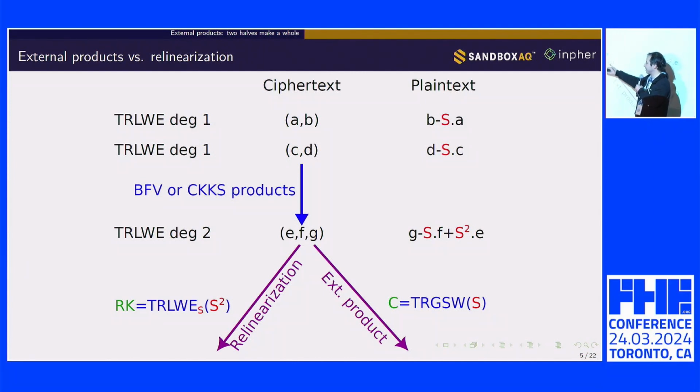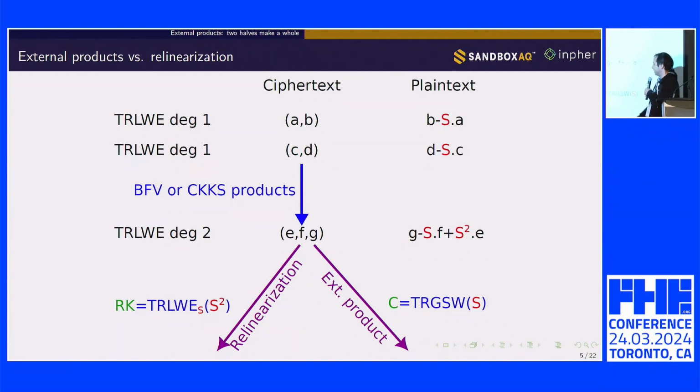The first method to go from a type 2 ciphertext back to a type 1 ciphertext was the relinearization strategy. It said that e times S squared looks like an LWE ciphertext encrypted with the key S squared, so we are going to replace the key S squared with S. That's the relinearization key switch.